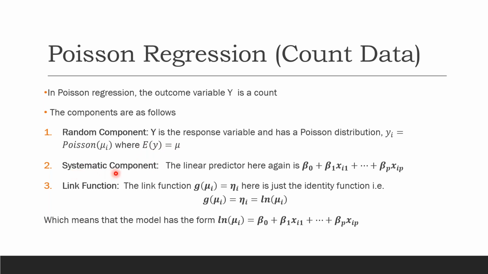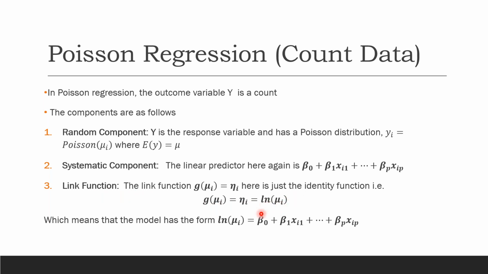The systematic component, again, is the same as before, which is the linear combination of our predictor variables. The link function is now defined by log of mu i.